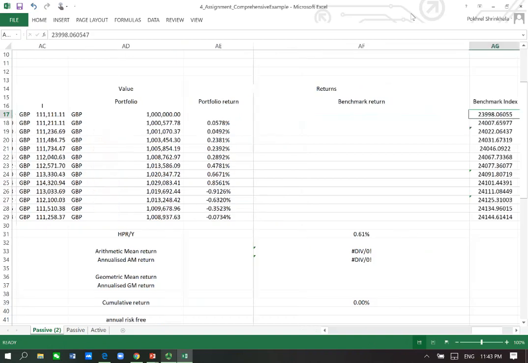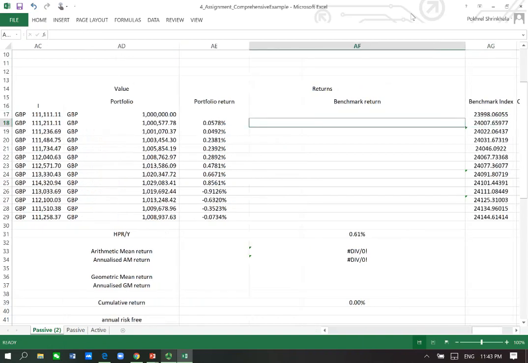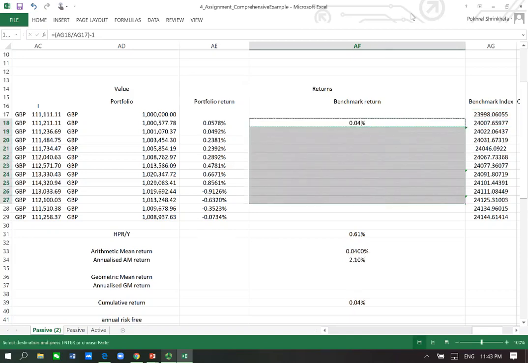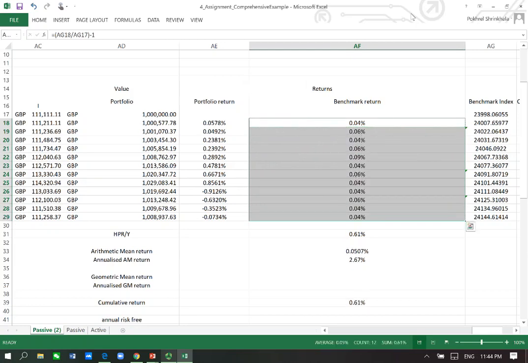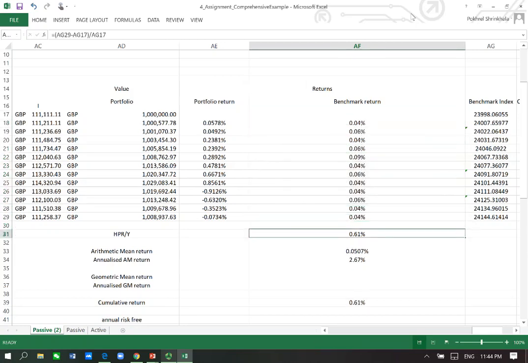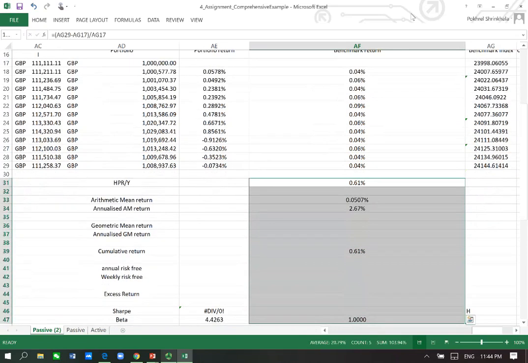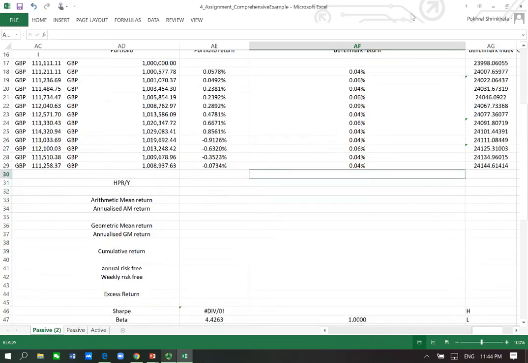And similarly for the benchmark, I have these values, so I apply the same rule, which is the new value divided by the old value, take away 1. Therefore I also get the benchmark return for each of those weeks.